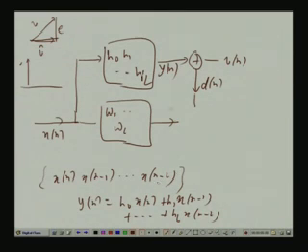That means the output for the optimal filter case should be Yn, and therefore W0 should be equal to H0, W1 should be equal to H1, WL should be equal to HL.